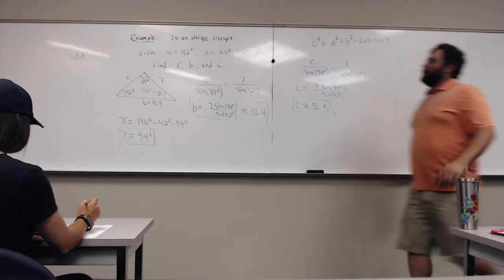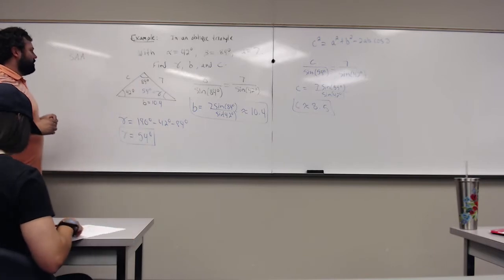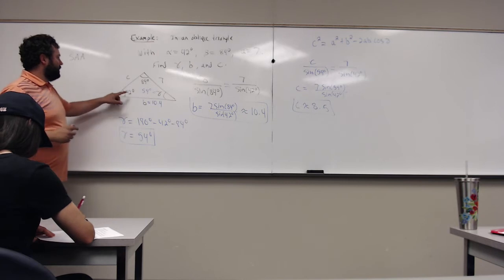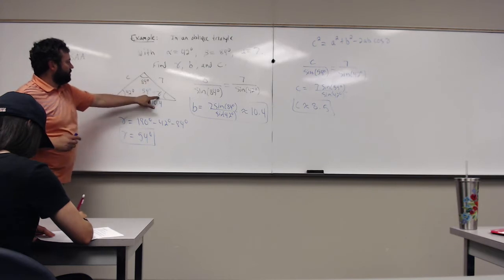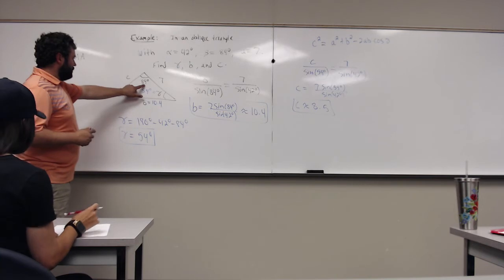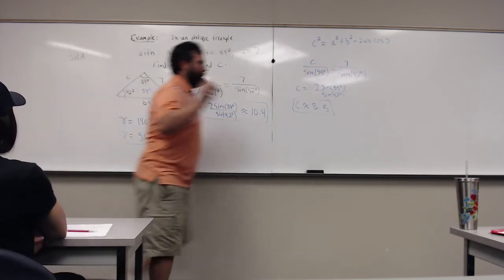So give me a second, I got to think of some values. If I want to do a side-side angle, I don't necessarily want to give you this angle right here. I can do beta, and I would know A, B, and beta.